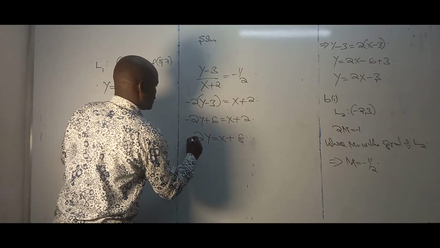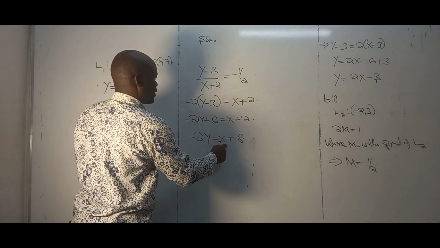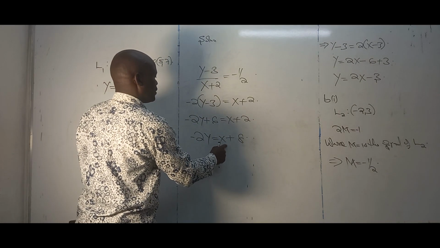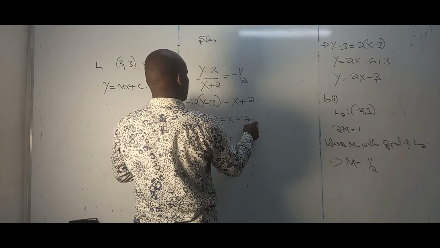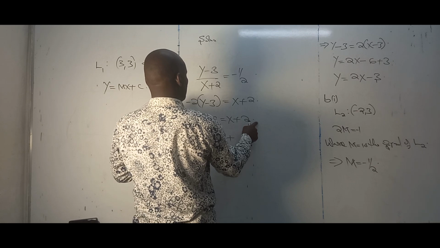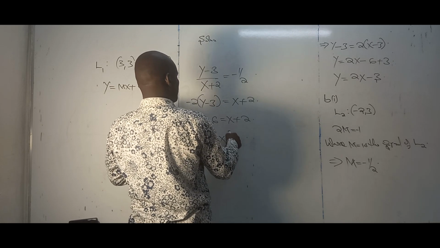And this is now -2y is equal to x. This now goes there, so it is 2 minus 6, which is -4.